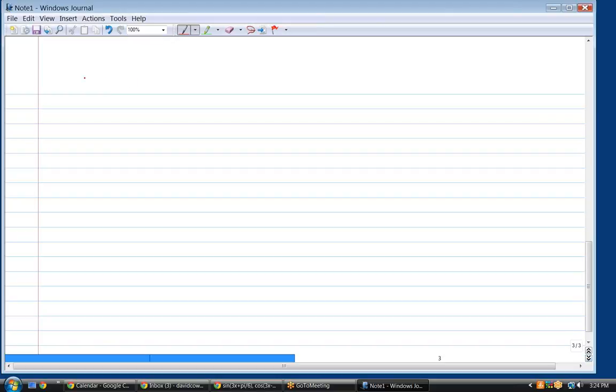Next one is find the exact values of the indicated trigonometric functions, write fractions in lowest terms. It's a right triangle with sides 33, 55, and 44.